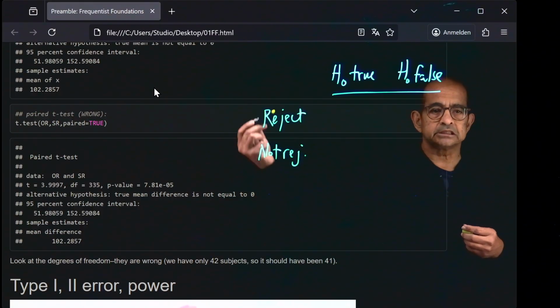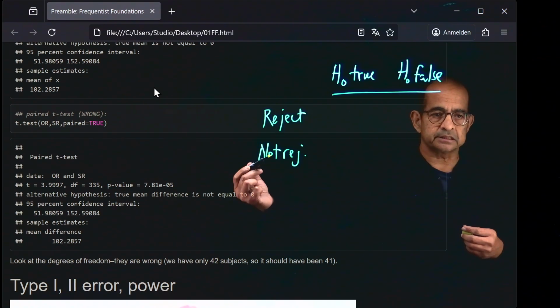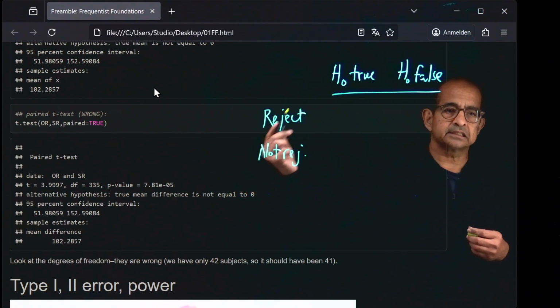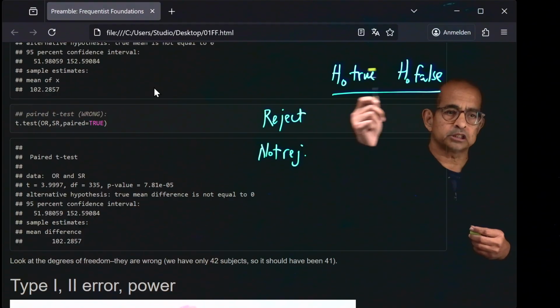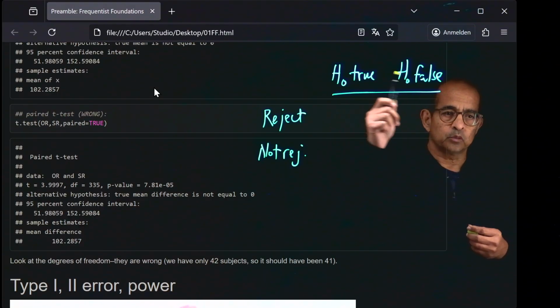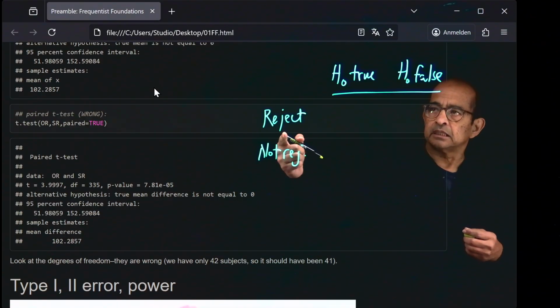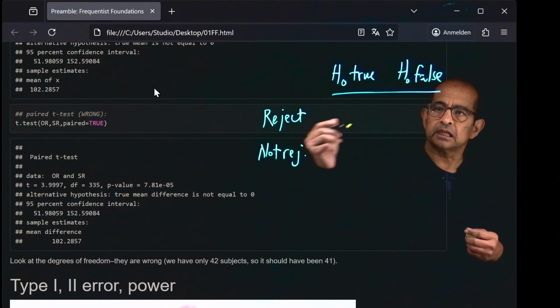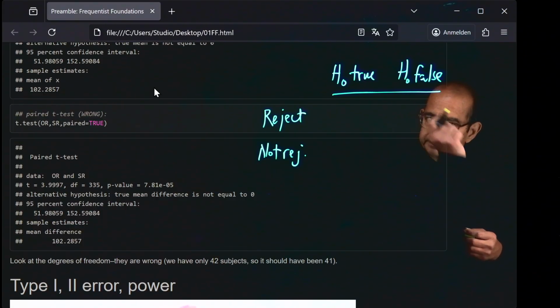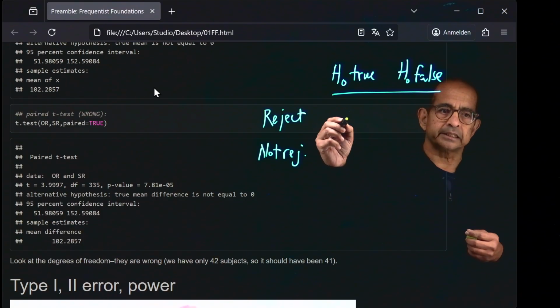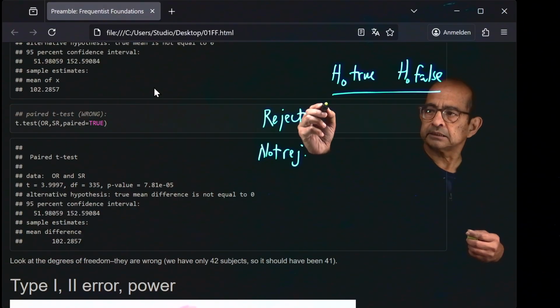These are two decisions we can take based on our data and on the statistical analysis, but these are the two possible worlds that we could be in. Now, if we reject the null and the null is actually true, then we made a mistake.